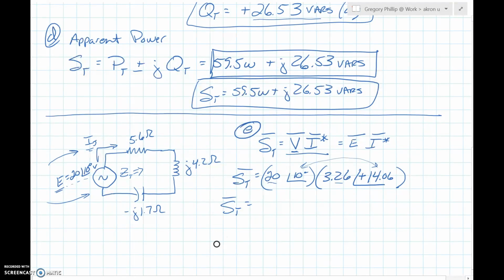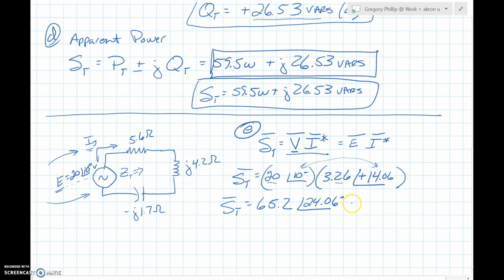So 20 times 3.26 would be 65.2 at an angle of 24.06 degrees.